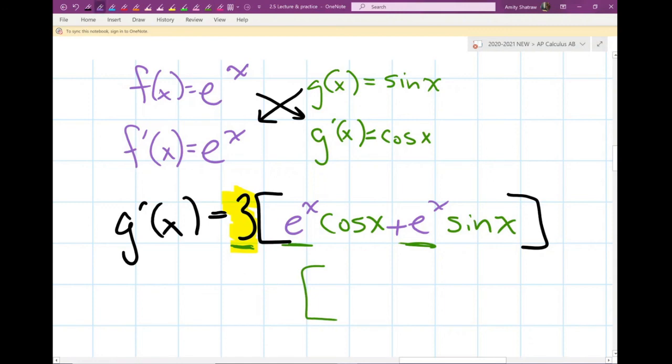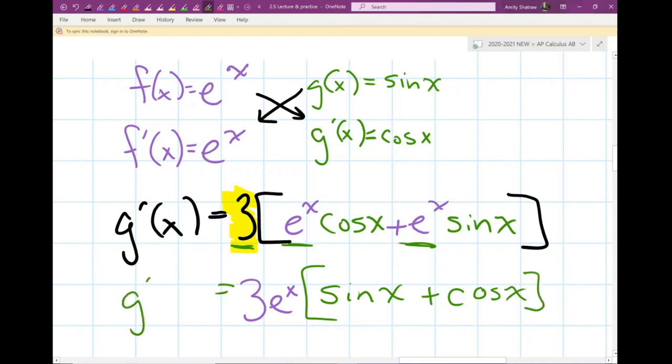But you'll forgive me. 3e to the x, and that I am gathering up like terms and saying I have a cosine x plus a sine x, actually. And again, for no particular reason, I just like the way it looks when I say sine of x plus cosine of x, probably because of that identity. I want to get it as close to that identity and go, yep, that definitely is not the identity that I was looking for, so I don't have any more substitutions.